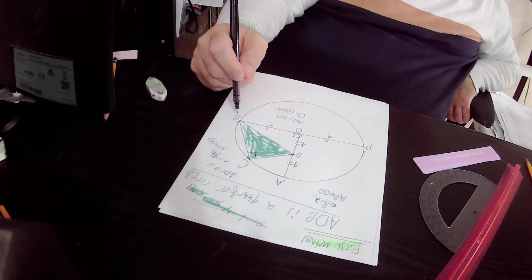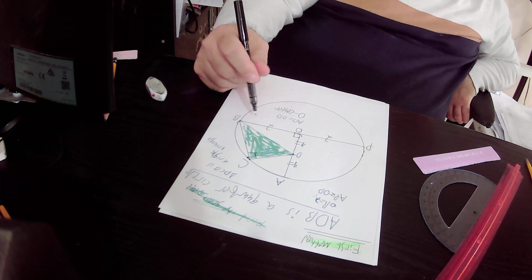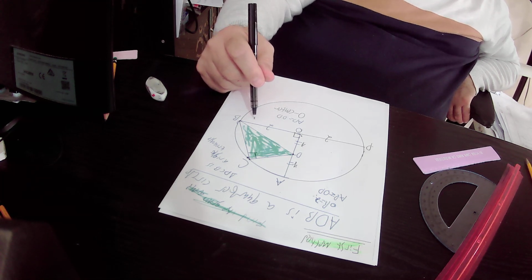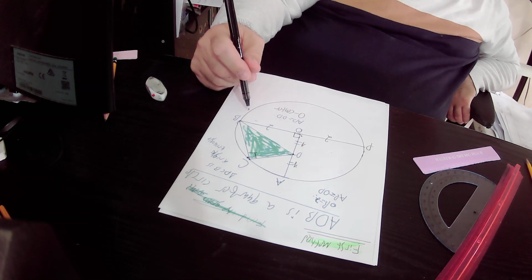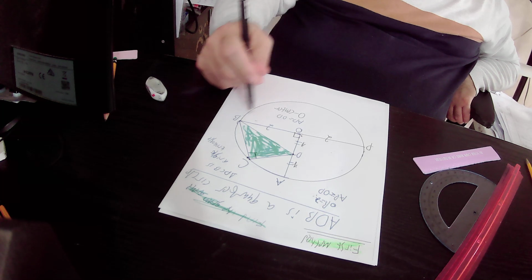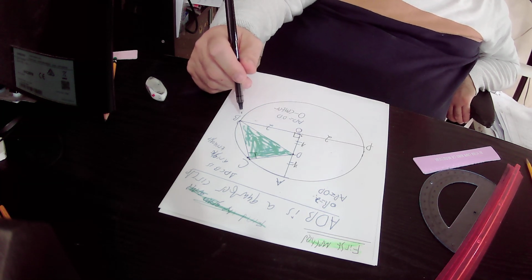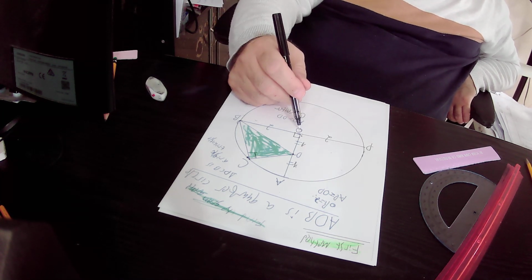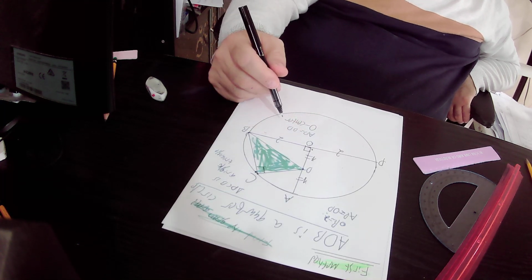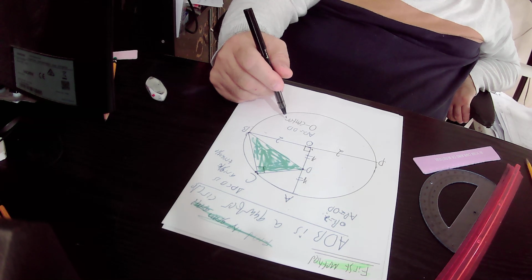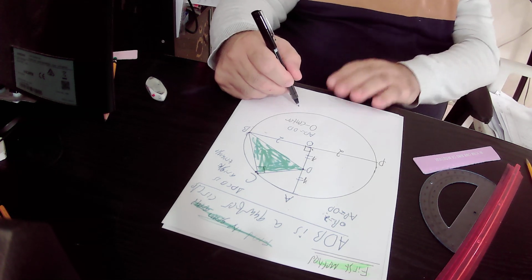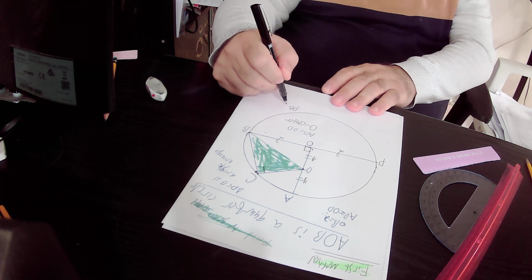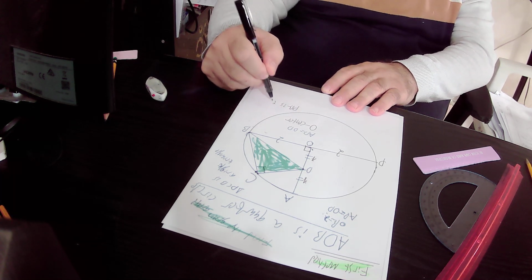So we extended the straight line BO by a straight line, and so the result BP must also be a straight line. Okay? So we have here chord BP that passes through the center of the circle, that is to say it passes through point O. Any chord that passes through the center of the circle is defined as the diameter of the circle. So line segment PB is the diameter of the circle.